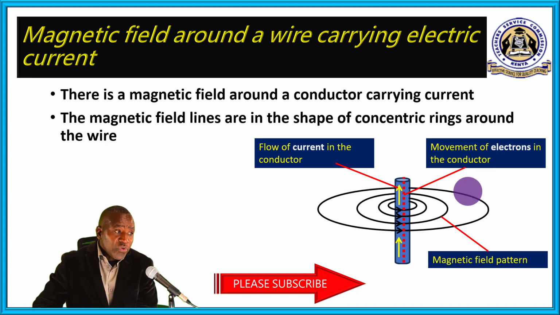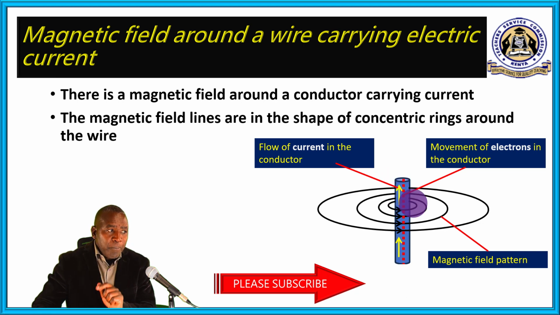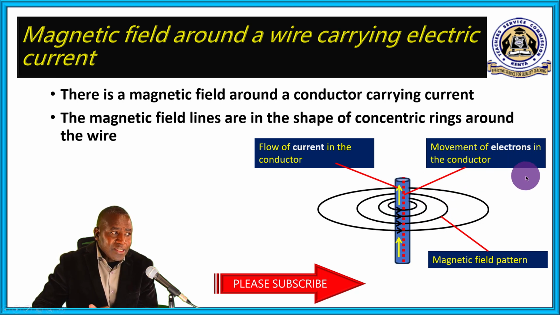The rate of flow of charges is electric current, so if you know the direction of movement of electrons in the wire, you should know that the opposite direction is the actual direction of flow of current.